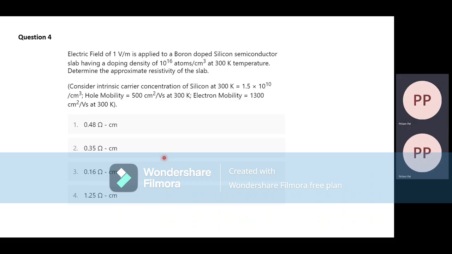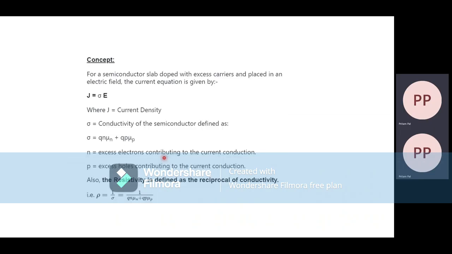Consider the intrinsic carrier concentration of silicon at room temperature is 1.5 times 10 power 10 per centimeter cube, per volume actually, right? The mobility for holes is 500 centimeter square per volt second at 300 Kelvin, and the electron mobility is 1300 centimeter square per volt second at 300 Kelvin. Four options are given. You just need to calculate and then choose the right one.